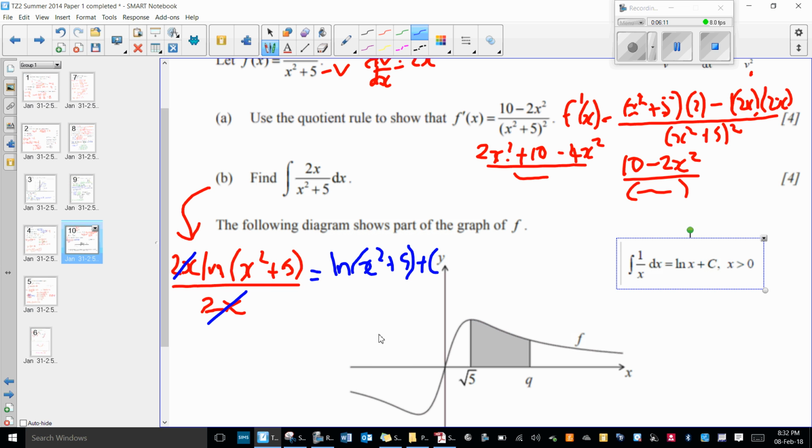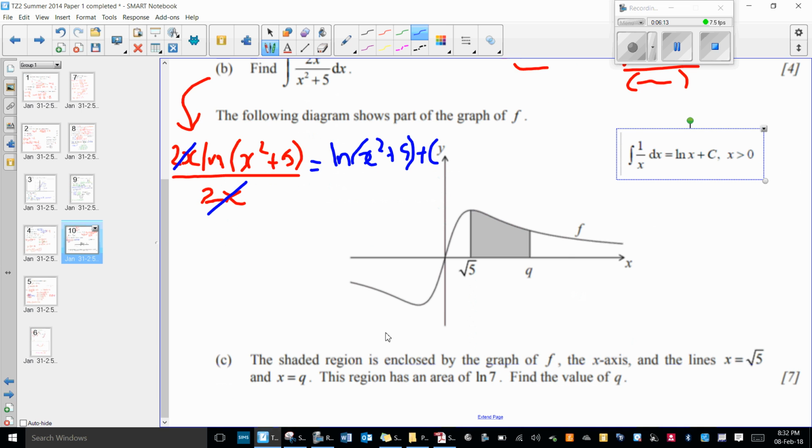Alright, the shaded region enclosed by the graph has area ln 7, find q. Okay, so if they're talking about the shaded region, and we're talking about area under the graph, then the definite integral between these two values is ln 7.